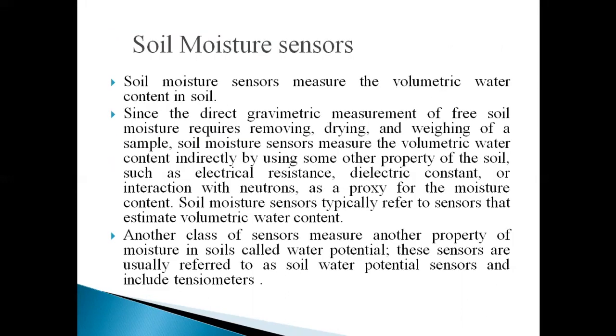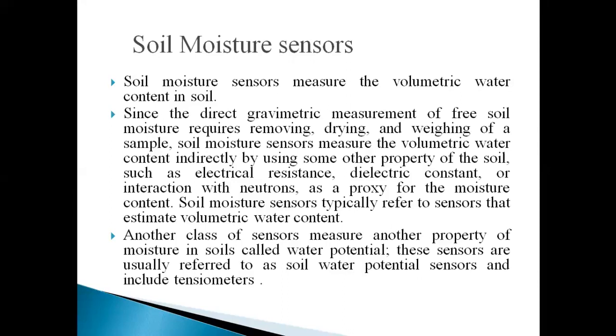Next technique is soil moisture sensors. Soil moisture sensors measure the volumetric water content in soil. Since the direct gravimetric measurement of soil moisture requires removing, drying, and weighing of a sample, soil moisture sensors measure the volumetric water content indirectly by using some other property of the soil, such as electrical resistance, dielectric constant, or interaction with neutrons.